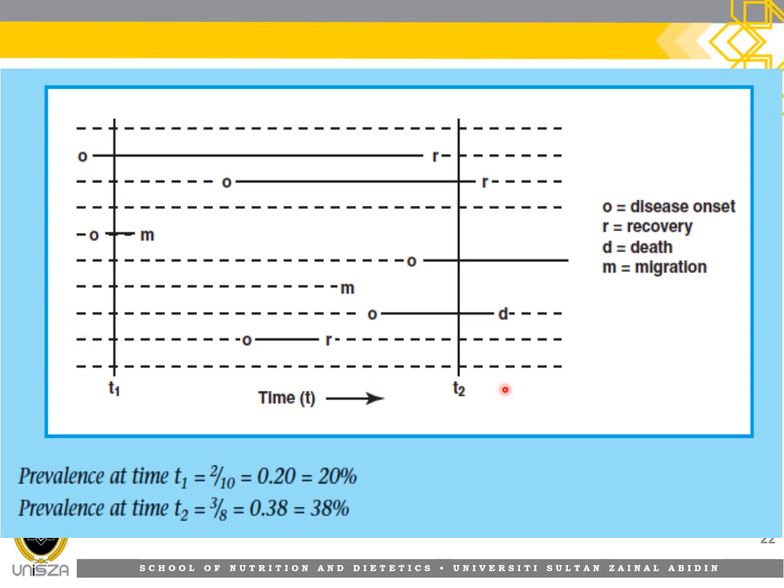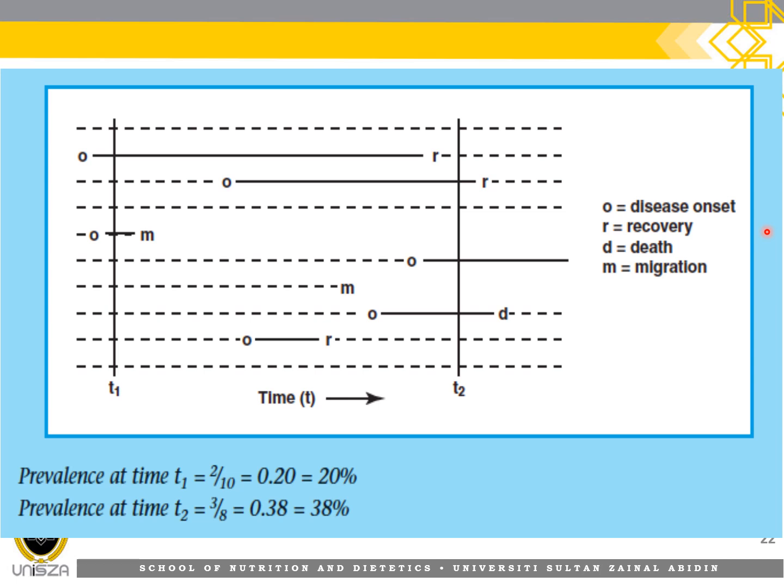We have 10 patients altogether. And all these alphabets have their own meaning. O is disease onset, R is for recovery, D is for death, and M is for migration.